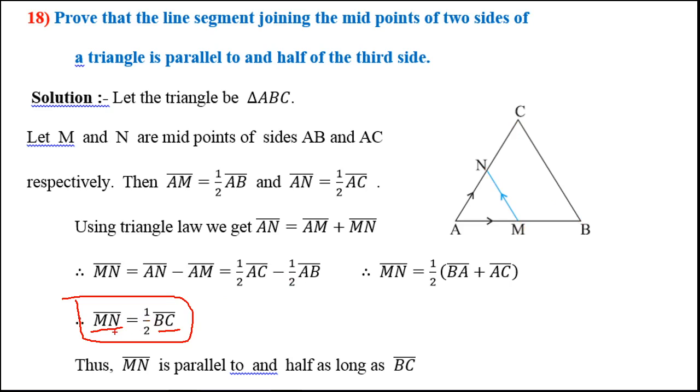And if we compare the magnitudes, the magnitude of MN bar is half the magnitude of BC bar. And therefore we can say the length of the segment MN is half of the length of the segment BC.